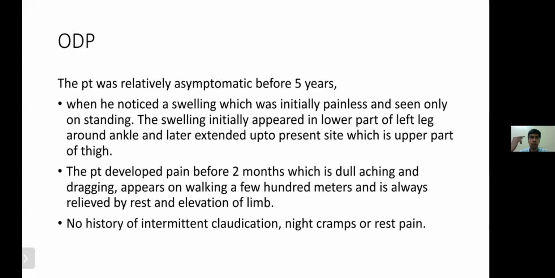If we come to pain, what is the type of pain in varicose veins? What is the classical symptom of pain in varicose veins? Continuous dull aching, relieved by raising the leg, and increases in the evening time.